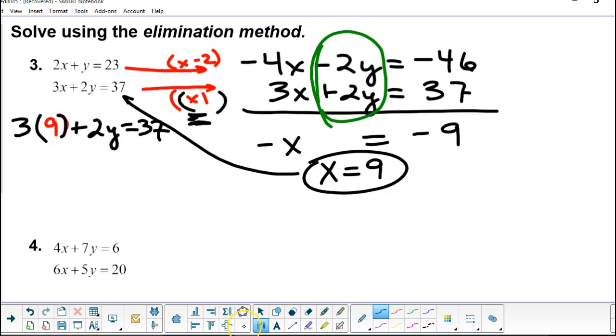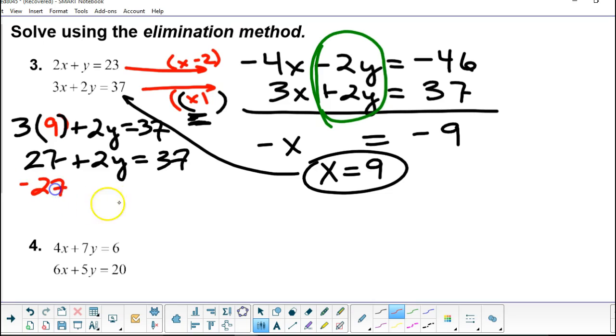Now the beauty of this is there's only one variable now. So we've got 27 plus 2y equals 37. Of course, we subtract 27 from both sides, and that leaves me with 2y equals 10.